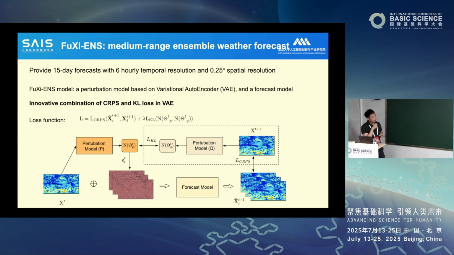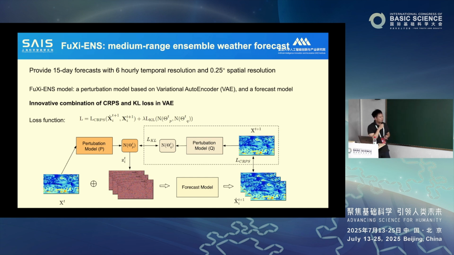The perturbation model is a VAE-based model that, given certain initial conditions, can generate a Gaussian distribution, and then we can sample from this Gaussian distribution and add the sampled noise to the initial conditions to generate perturbed initial conditions.